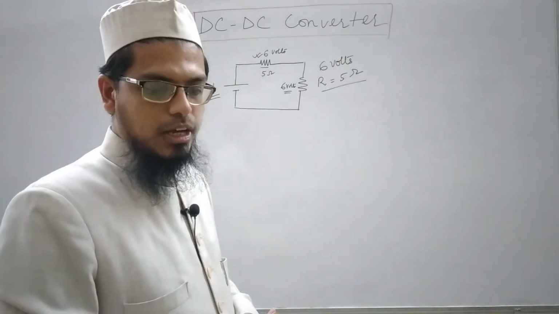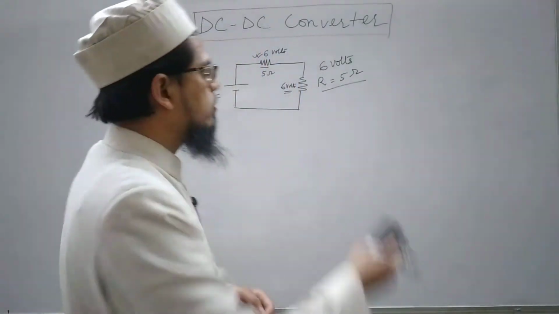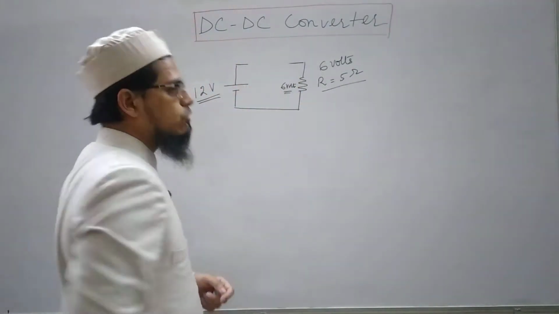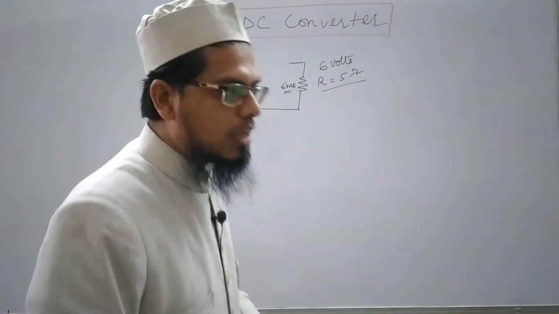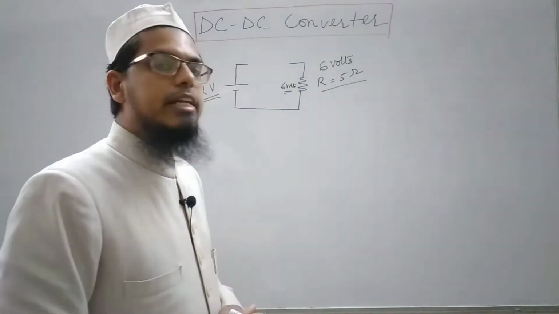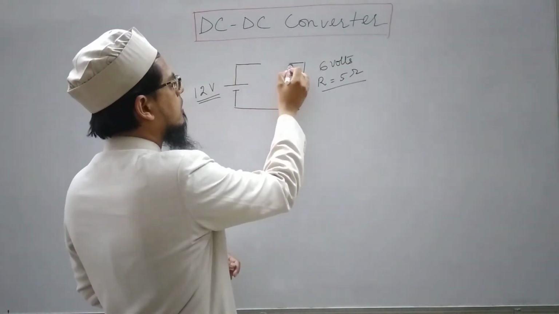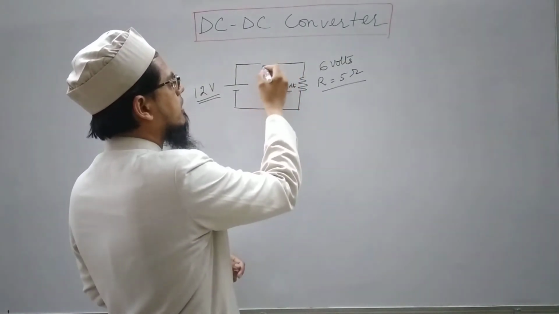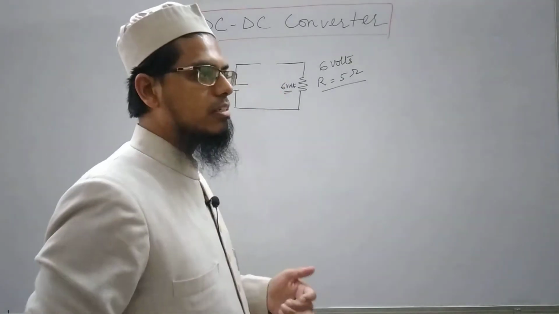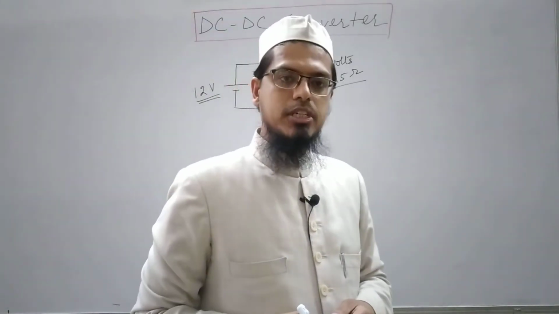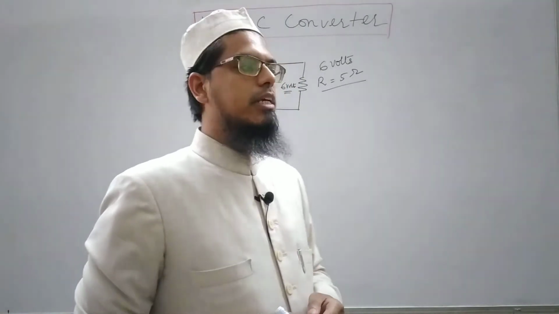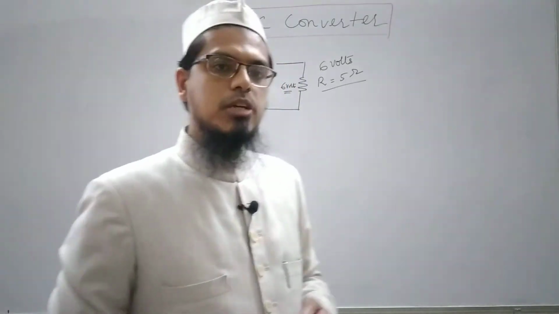Another way to do it is to use a linear regulator. So we could use some linear regulator here. Linear regulators are nothing but switches, but they do not operate in switching mode.